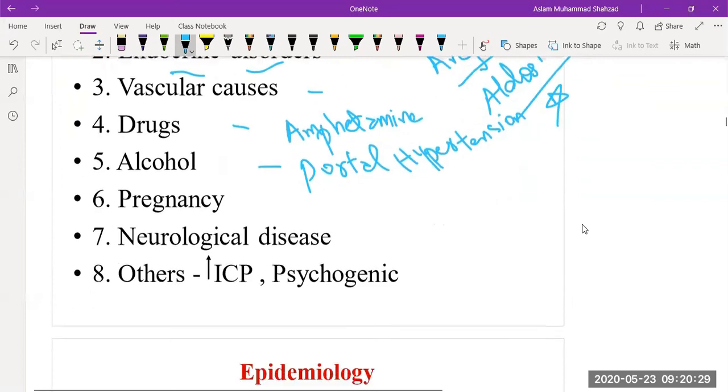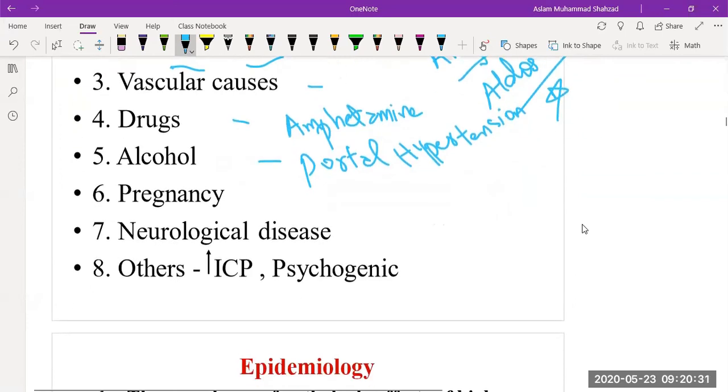Pregnancy: in case of pregnancy, hypertension is also possible, and if a woman is suffering from hypertension, it can cause some complications, and it is very important. Then neurological diseases such as Alzheimer's or Parkinson's disease can lead to hypertension.